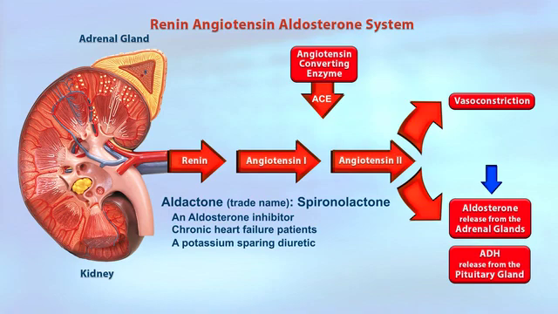But another group of patients who are on aldactone are those patients who have cirrhosis. And when your patient has cirrhosis, they have a very hard time metabolizing aldosterone. So if you can't metabolize aldosterone, then you're going to do a lot of holding on to sodium and water.